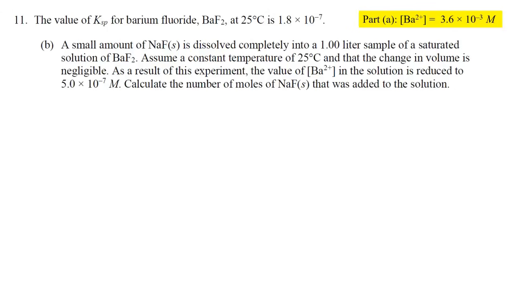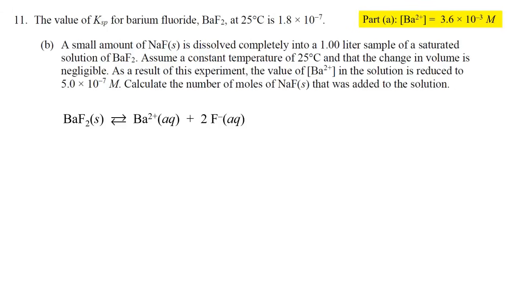So you can already anticipate that barium fluoride will be less soluble in a solution that already contains fluoride ions. So we're going to shift the equilibrium from products to reactants, and most likely that is going to decrease the solubility of barium fluoride. So we're going to see a new value for the concentration of the barium ion.